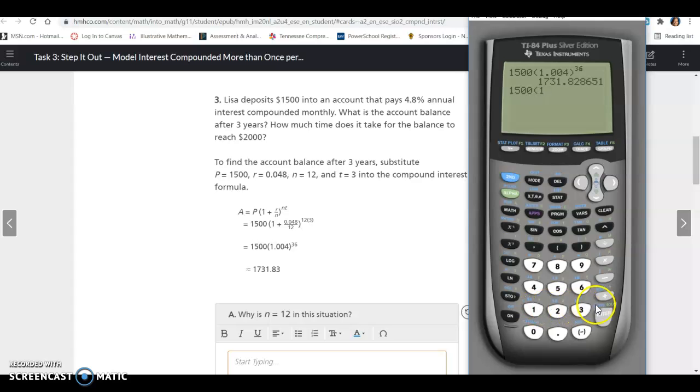So let's do 1 plus, and since this is division, let's put this in parentheses, 0.048 divided by 12. Then I have to close parentheses, and then I'm going to raise that. And if I go ahead and multiply and put 36, that's fine. But I could also put that in parentheses and do 12 times 3.